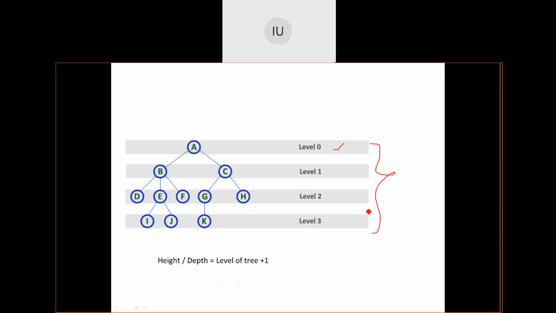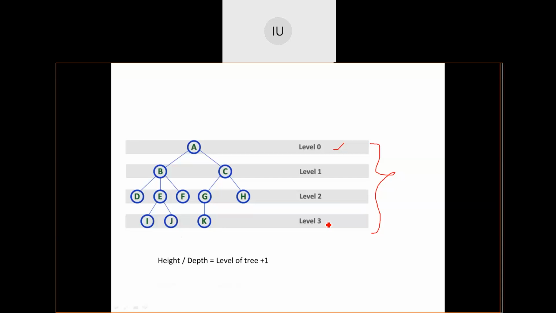I'll repeat again, Praveen, since you have asked me to repeat. The level of a tree is the level at which the last leaf node is available. That is considered the level of the overall tree. The last leaf node in the given tree is at level 3, so the level of the tree is 3.